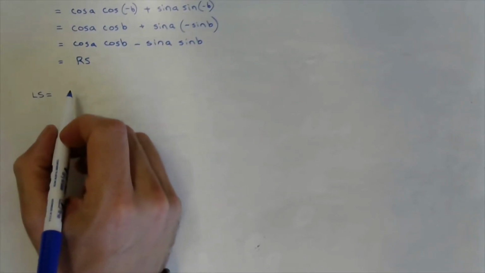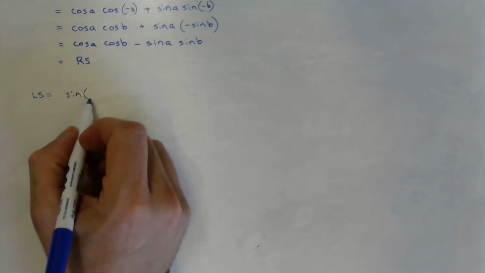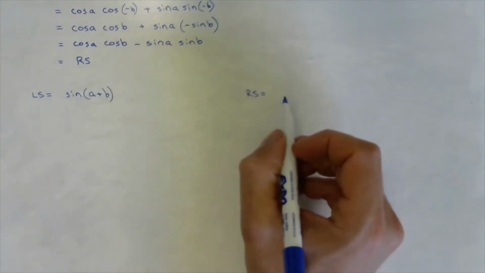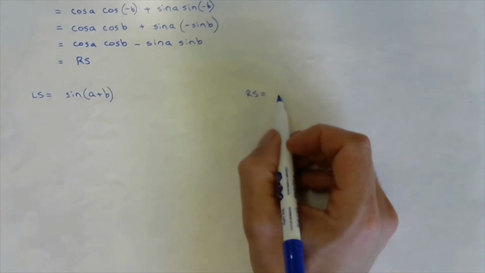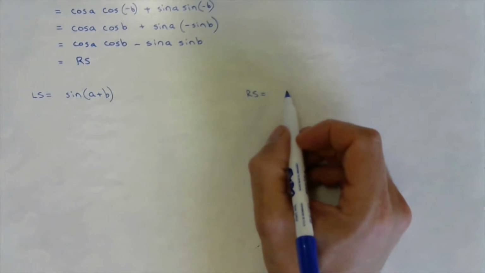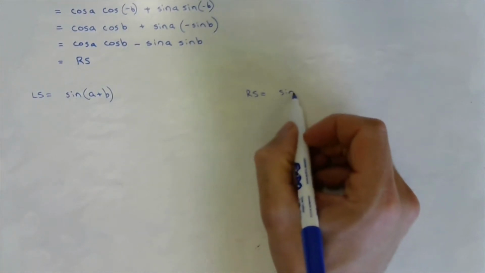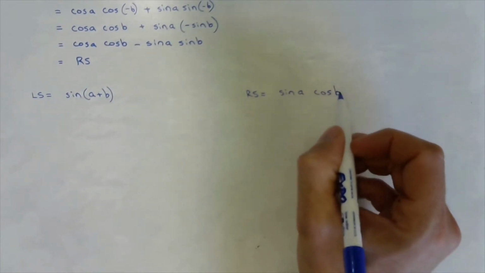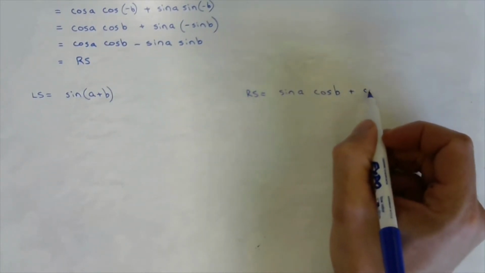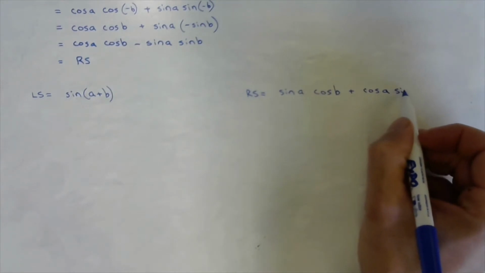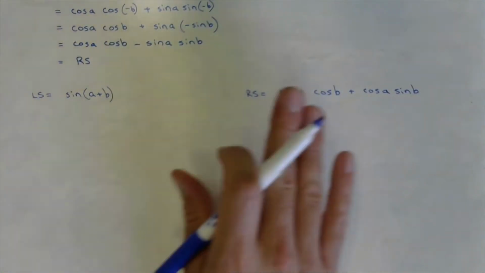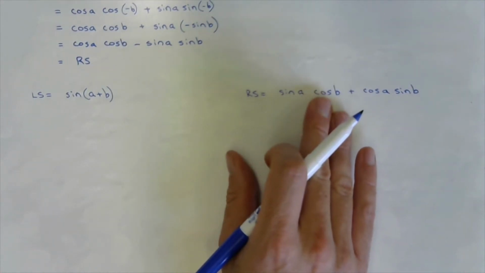We take the sine of A plus B. And on the right side, we'll take the other part of this compound angle formula for the addition formula for sine, which is sin A cos B plus cos A sin B. So here's where we're starting. Here's where we're trying to get, okay?